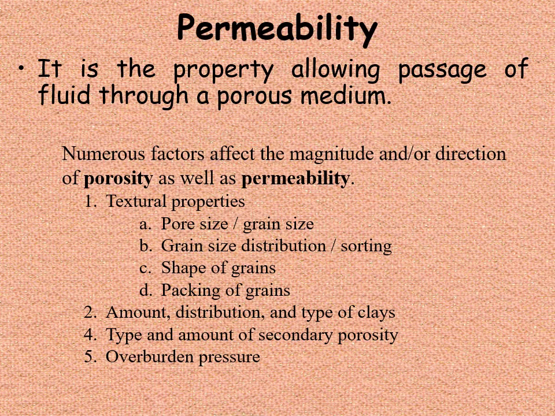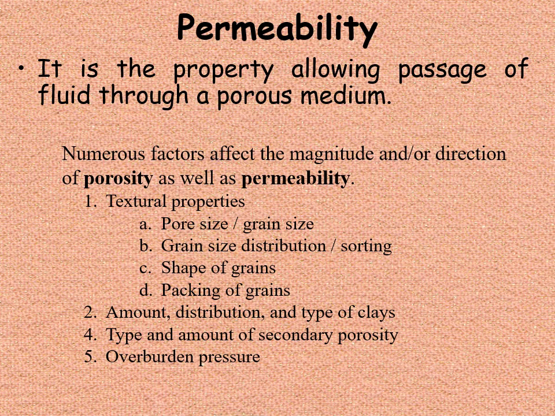The next property is known as permeability, which depicts the ease of permeation of a fluid within a rock. That is, it is the property of a rock which allows fluid to move from one point to another. That is known as permeability. That is how much amount of fluid a rock permits to move from one point to another.